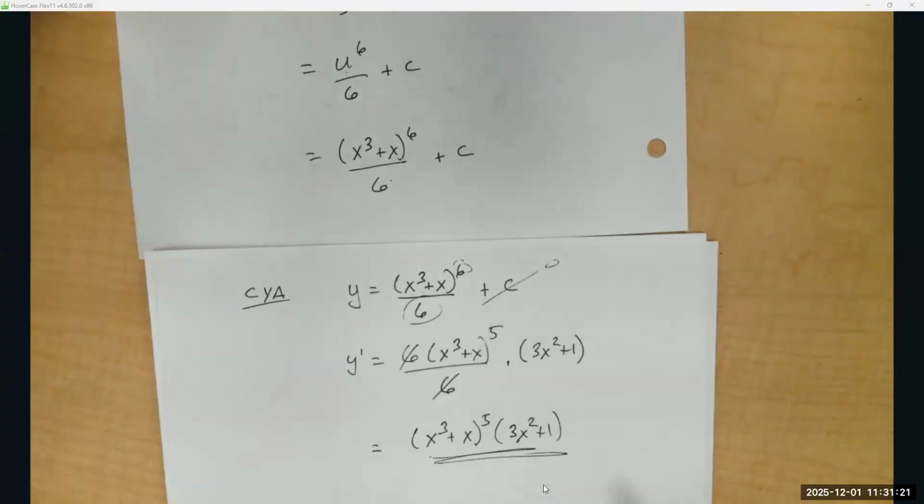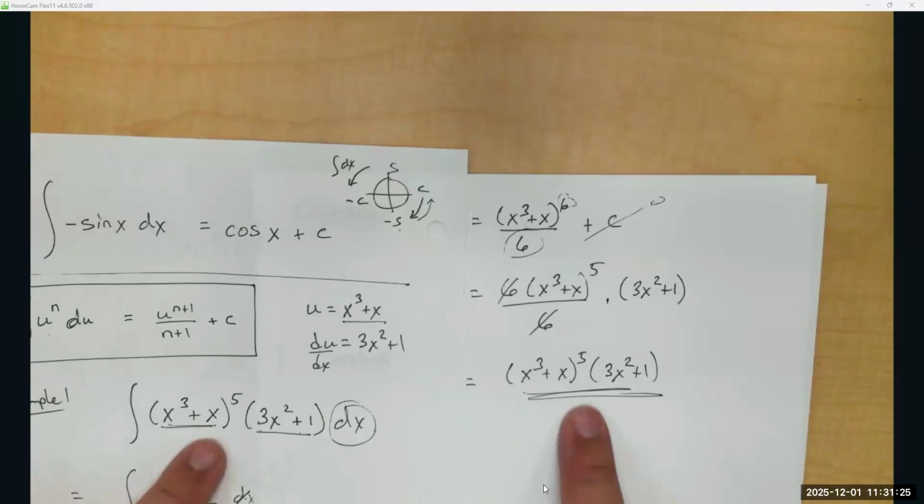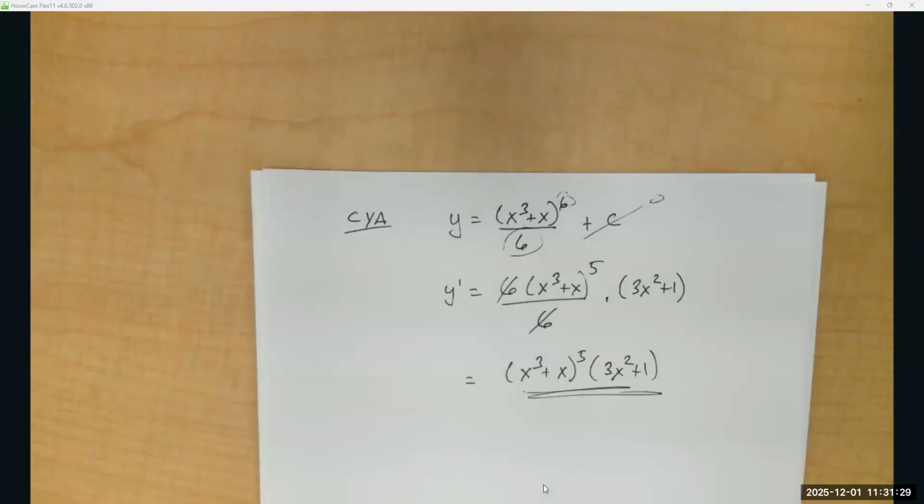Is this what we started off with? Yes. So see, that's the connection we're trying to make. How do we know that this function is the derivative?